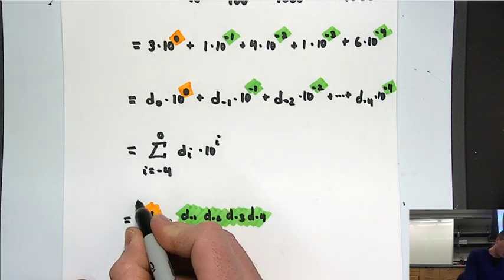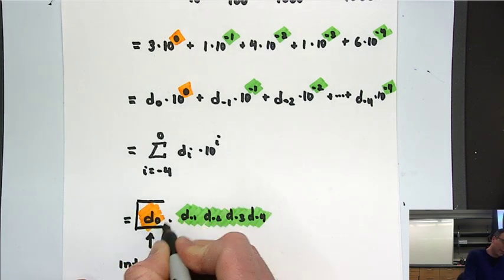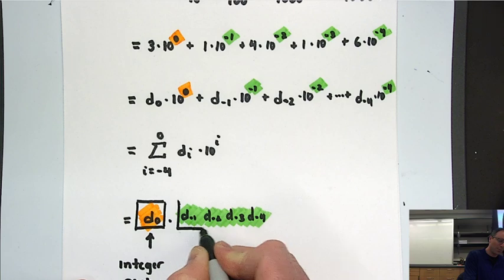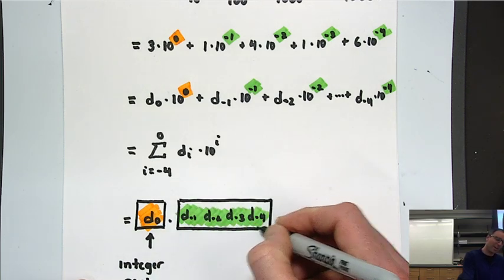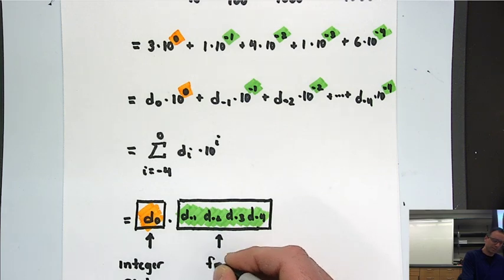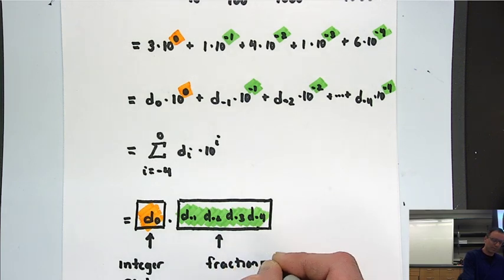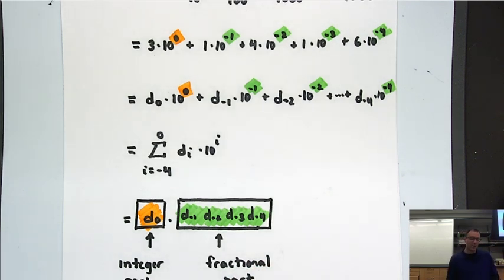If the first one is called the integer part, someone please guess what I'm about to say. Yeah, we might call that the fractional part of the number.